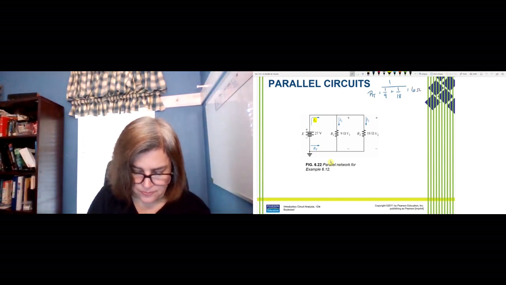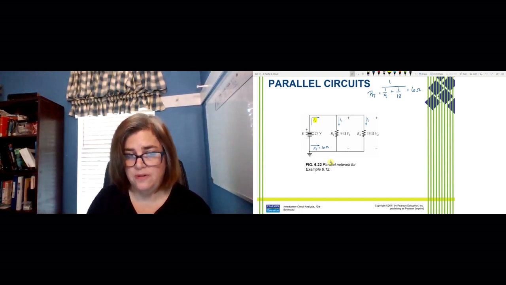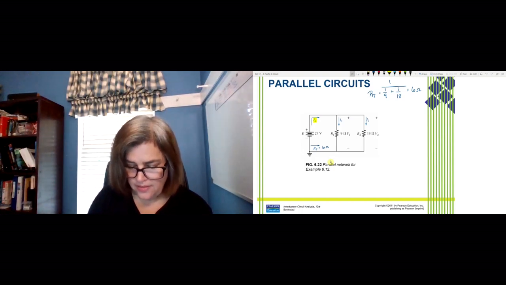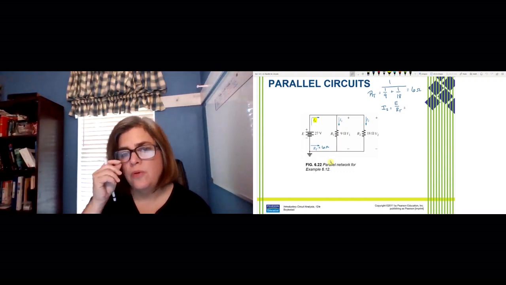Okay, so what that means is looking from the source, it's going to see 6 ohms of total resistance there. Okay, and that's going to help us determine what our source current is. So we have E over RT. This is not any different from our series circuit. Remember, Ohm's law applies the same way no matter what circuit it is.